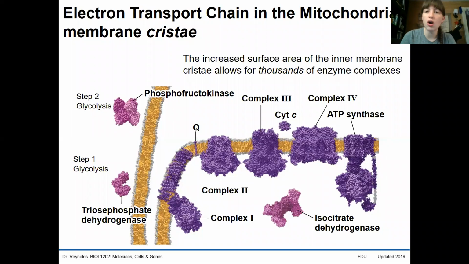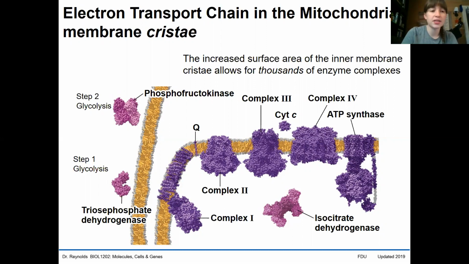Now, I want to recall for you the structure of a mitochondria, because it's that structure which is going to be highly important for us to understand its function. Mitochondria are composed of 2 membranes, an outer membrane and an inner membrane.